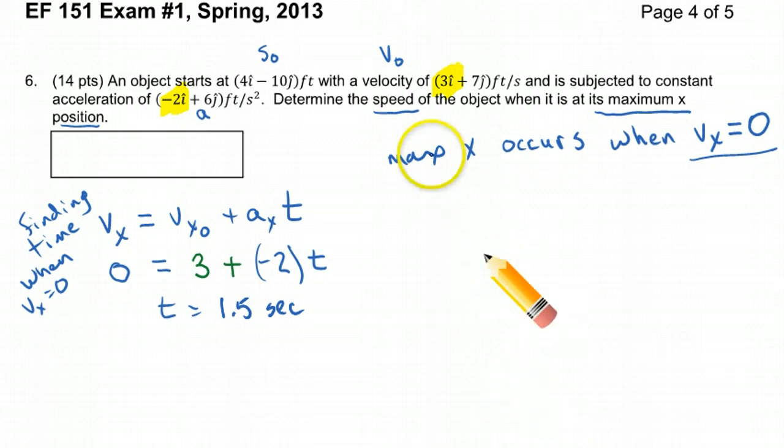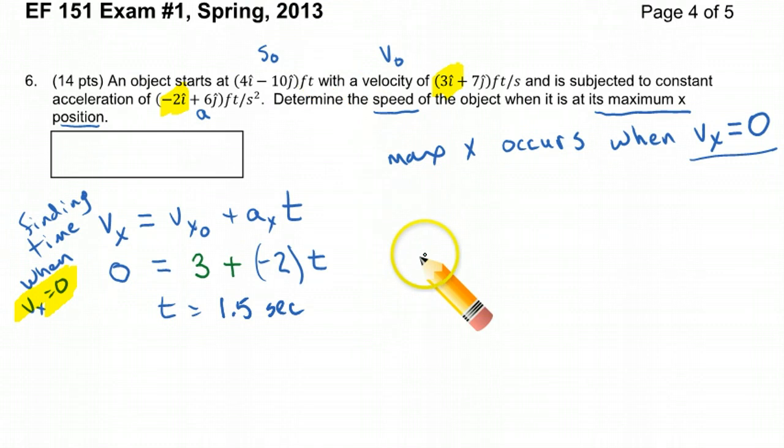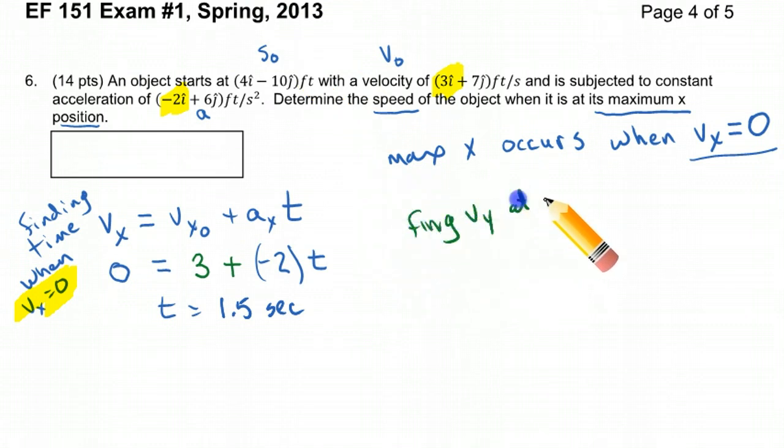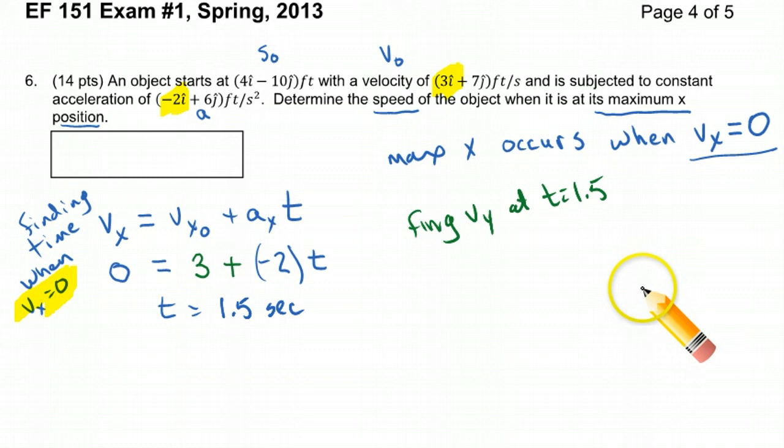Okay, we want to determine the speed of the object when it's at that maximum position. We already know one component. Okay, v sub x is 0, so now we need to find v sub y at t equals 1.5. Because the speed is going to be the combination of those two components.